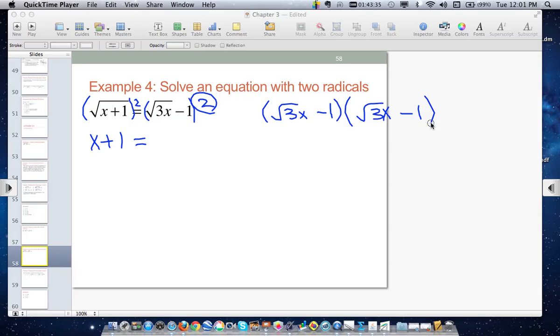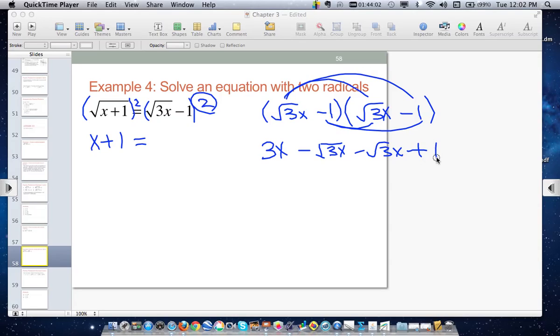And then you have to use FOIL to go ahead and multiply it out. So we have square root of 3x times the square root of 3x, which would of course give us just 3x. Then we have negative 1 times the square root of 3x. I'm going to just go ahead and put minus square root of 3x. And then inside, so we did first, outside, now inside, and last.